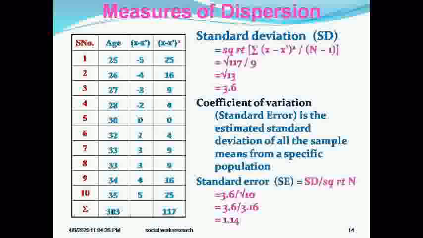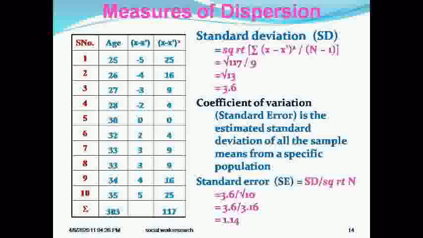There is another rule called 2 standard deviation. 3.6 is the standard deviation. 2 standard deviation means 3.6 plus 3.6, that is 7.2. So 30 plus minus 7.2, 99% of the observations will be within this range.